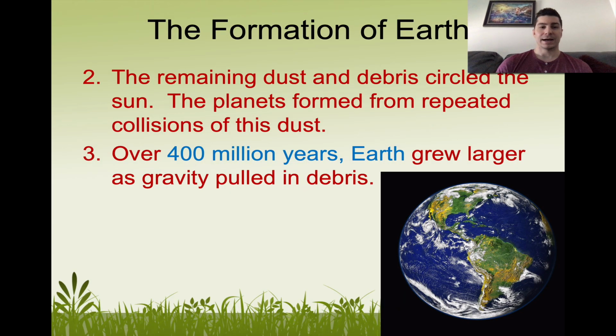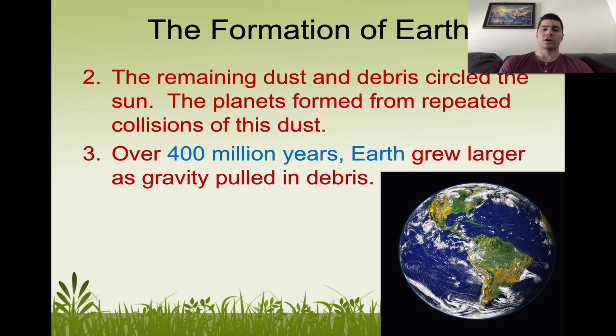But anyway, after we had the sun, we still had some dust and debris out there that couldn't get pulled into the sun, in other words, couldn't get pulled into its gravity. So this process repeated, and that's how we ended up with our planets, whether it's Earth, Mars, and so forth.